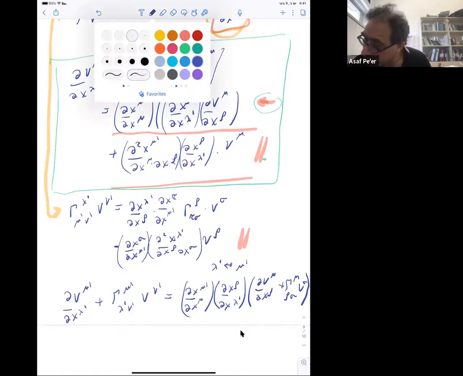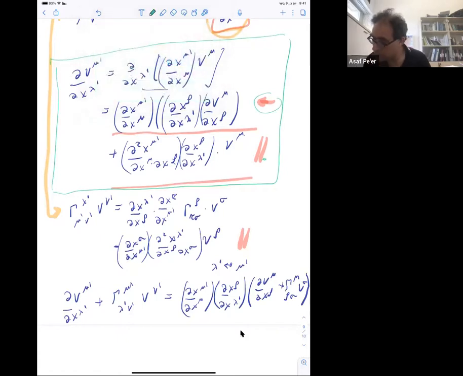Okay, just to clarify that you believe me, I didn't cheat you. So every time there is here a lambda prime, I change it to a mu prime into a lambda prime. So I have a mu prime to a lambda prime, and this is a mu prime, and this is a lambda prime.